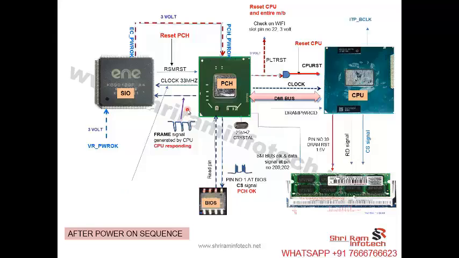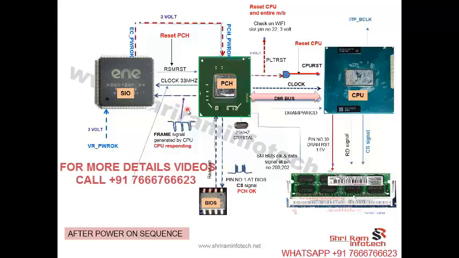If you find the LPC bus on the oscilloscope, you can check this signal, and if this signal is coming, that means the processor is most probably okay. The processor is working. So this is a function of the motherboard. Right? Now we'll go to the flow chart.